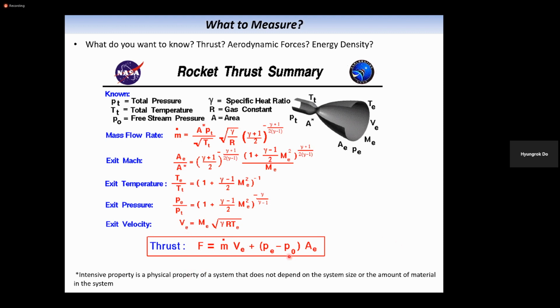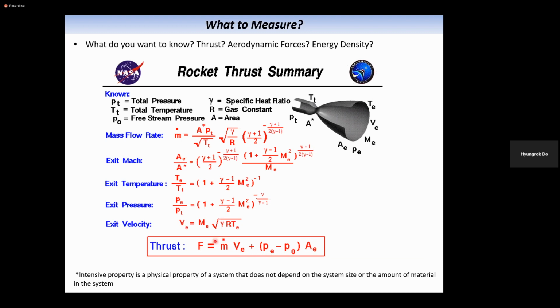Here PE, the exit pressure, can be measured with a simple pressure sensor at the exhaust. P naught can be easily measured; maybe the atmospheric pressure can be measured. And the area of the exit can definitely be measured even before the operation. It is not changing. It is a constant. So the constant can be measured and the pressure can be easily measured.